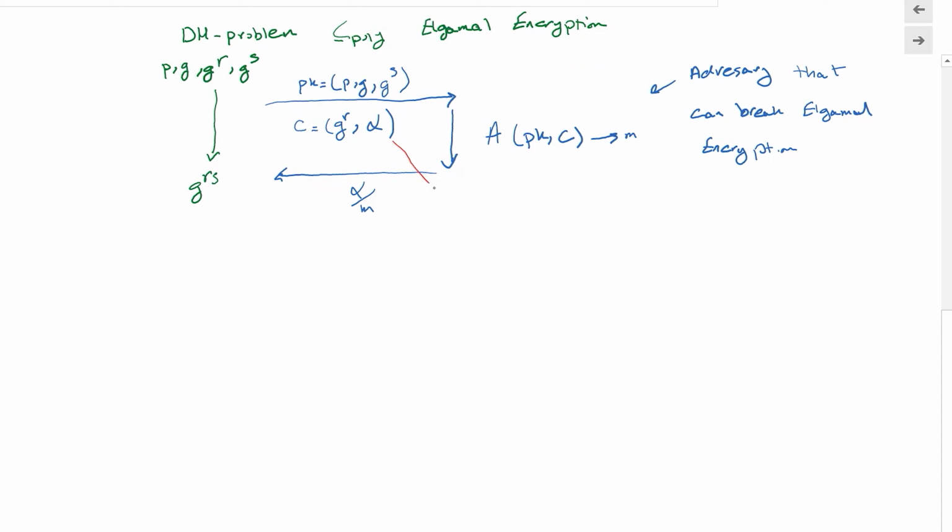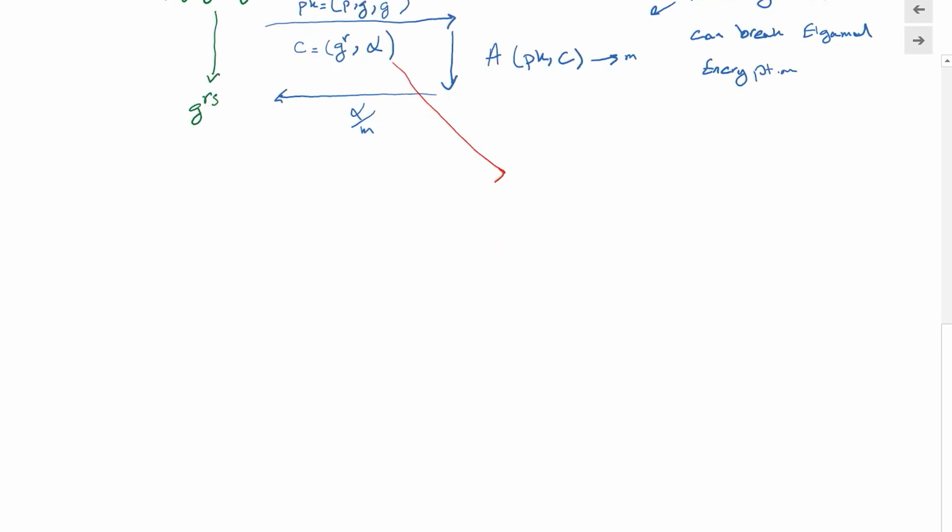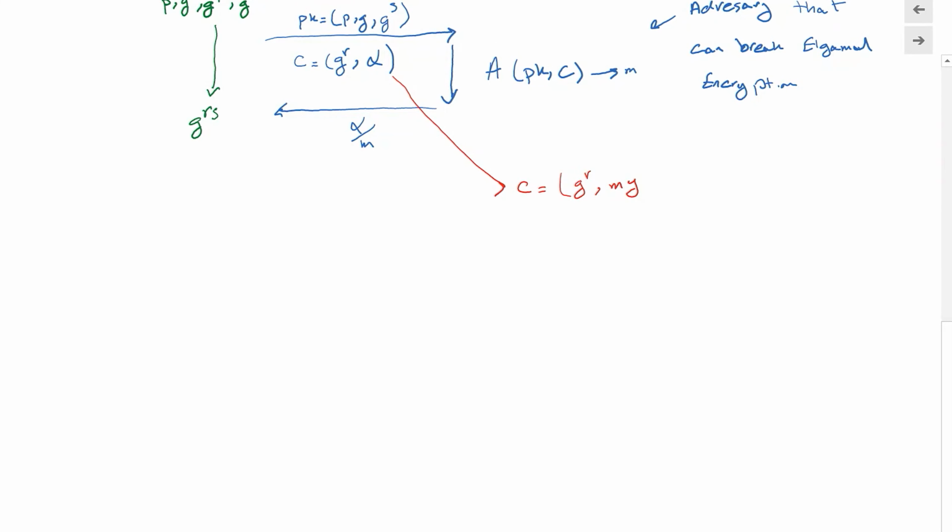Remember that the ciphertext is going to be, if I want to write it correctly with more details, g to the r, right? And then m times y to the r, right?